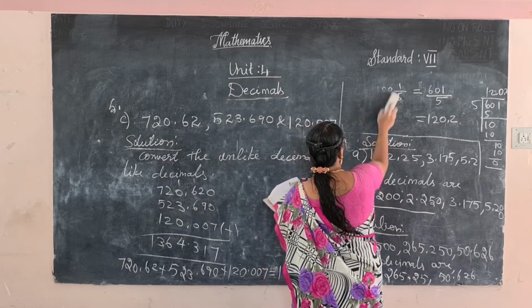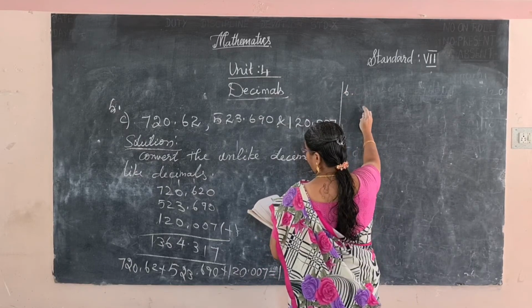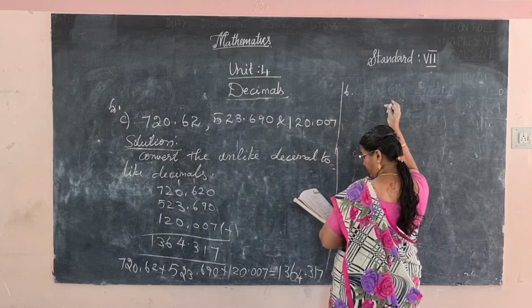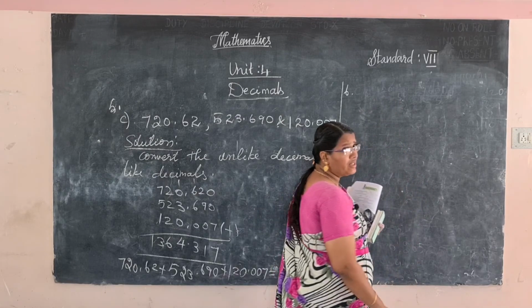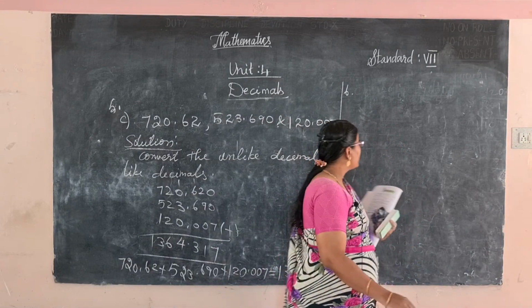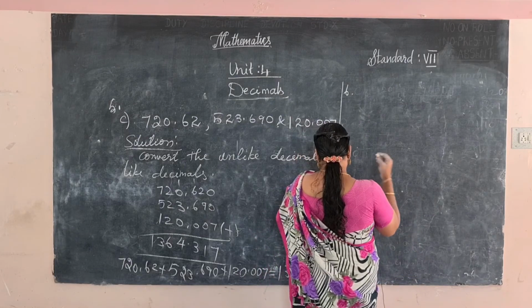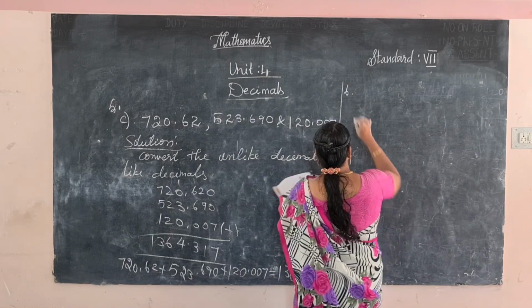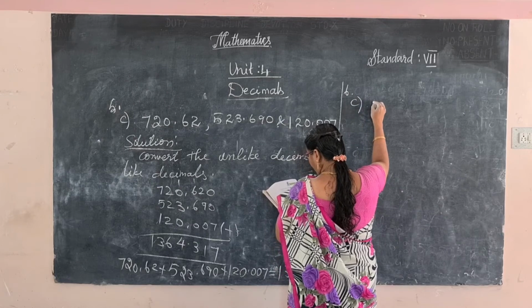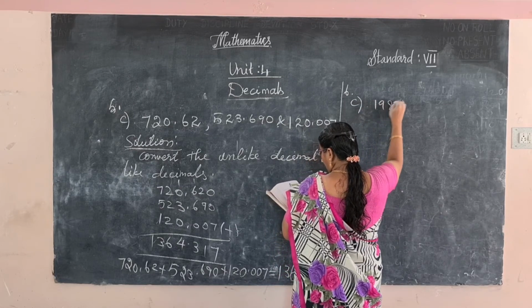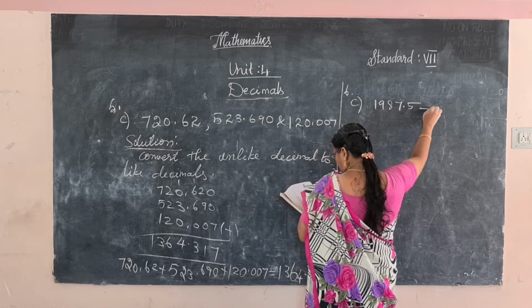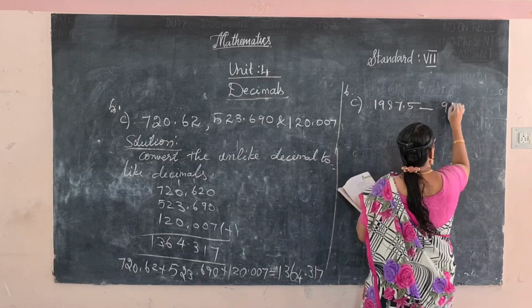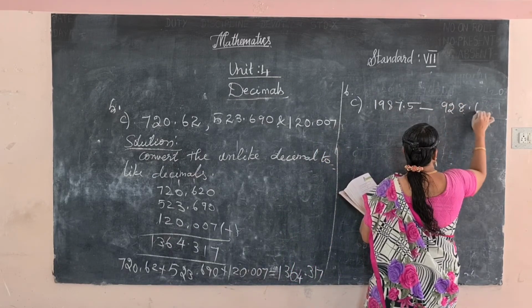Now the sixth problem. Find the difference. Find the difference means subtraction. Okay, so A and B are homework. Now do the C problem. 1987.5 subtract 928.62 is given.